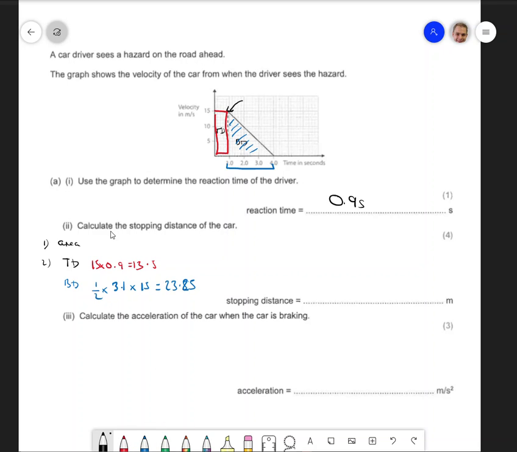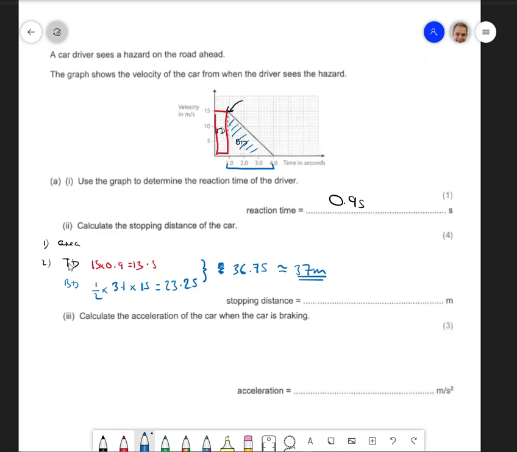And so the total stopping distance is these 2 added up. So you get 13.5 plus 23.25. Oops, I really should clean that up. We add these 2 together and we get 36.75, which is basically 37 meters.